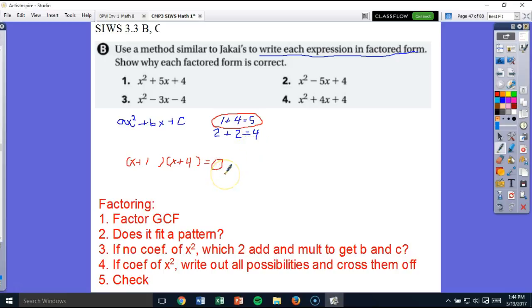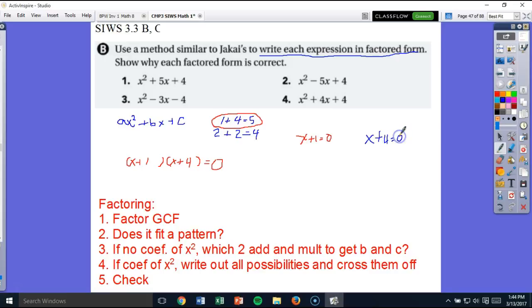But then if we wanted to find our x-intercept values, we would have to set each of these equal to 0. So we would have x plus 1 equals 0, and x plus 4 equals 0.